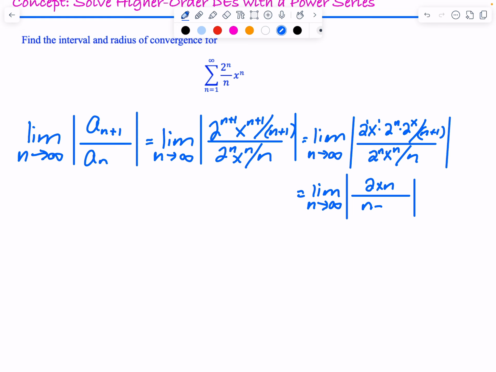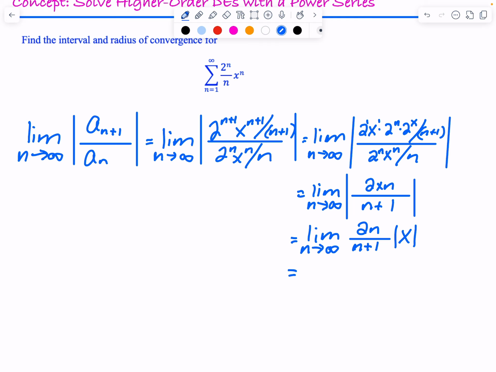The only thing that will change n is going to be positive numbers because it goes to infinity. So the only thing we have to worry about for absolute value would be that x. I get 2n over n plus 1 times the absolute value of x. That x just hangs out because it's not being touched by the n.